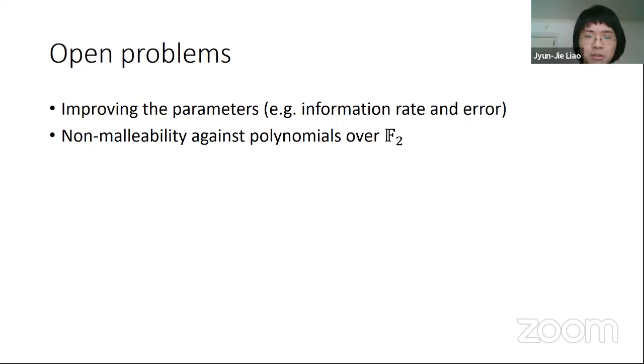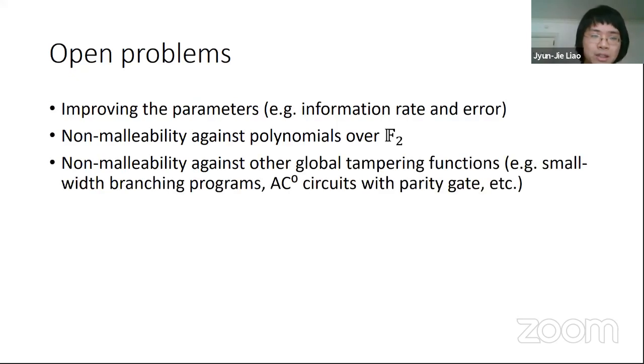Because our construction relies on the Weil bound, which is only non-trivial over a large field, we think this might require some very different ideas. And finally, it would also be interesting to achieve non-malleability against some other tampering functions, especially those with some non-trivial average-case lower bound, such as small-width branching programs or AC0 circuits with parity gates.